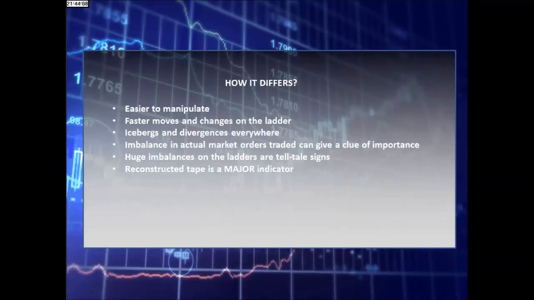Huge imbalances on the ladder are telltale signs. Basically, this is one of the two most important indications that I use. When the move starts, you will see a huge imbalance. You have to look for total numbers of bids versus total numbers of offers.